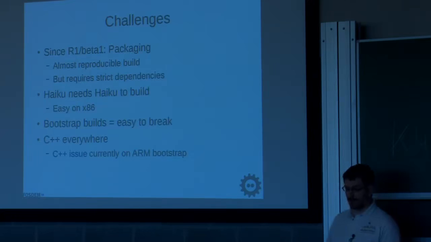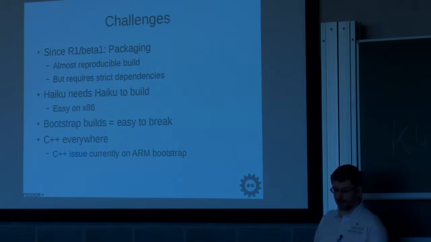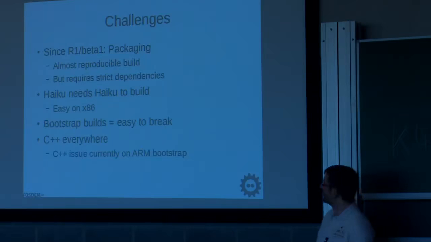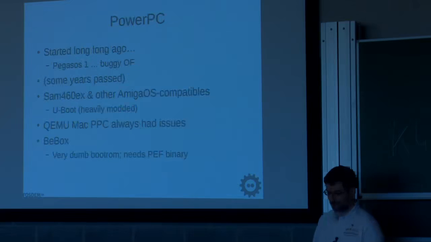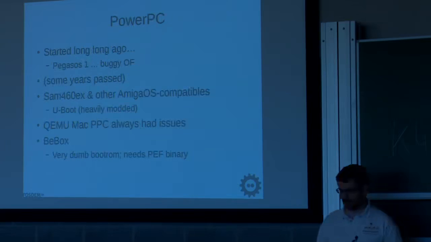And Haiku basically needs Haiku to build itself, which is quite easy on x86, but not really on PPC or ARM. And so yeah, bootstrap builds are not usually run by many people, so it's easy to break. And we also use C++, which can be a bit of a pain sometimes.